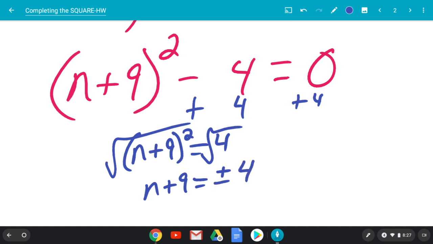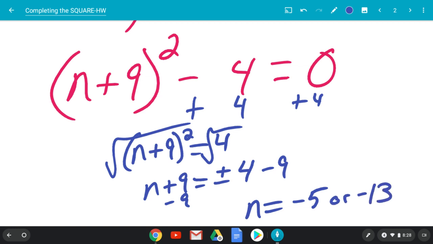Is everybody okay now with me writing it plus or minus 4? Is there anybody struggling with that? Okay, that's two numbers sitting there. I just write it a little simpler. All right, go ahead. And then you subtract both sides. Minus 9, minus 9. So n equals a positive 4 minus 9 is a negative 5, and a negative 4 minus 9 is a negative 13.